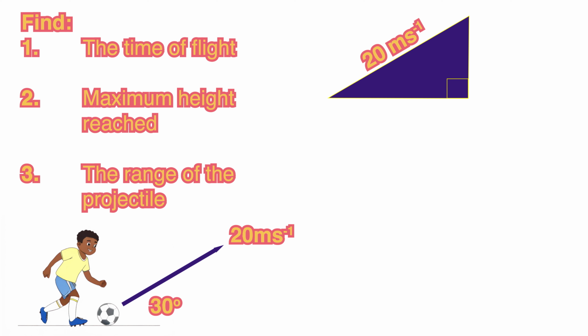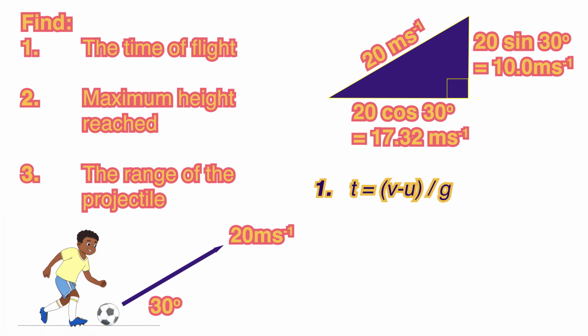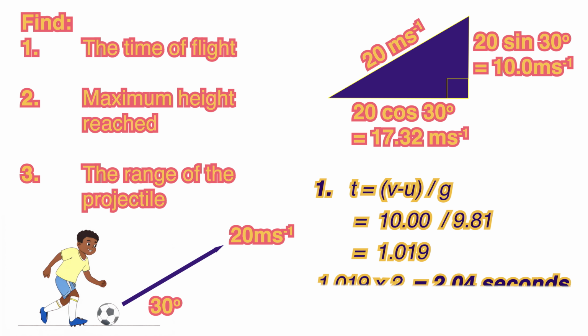From this triangle, you can see that the horizontal velocity is 20 cos 30 degrees, which equals 17.32 meters per second. The vertical velocity is 20 sin 30 degrees, which equals 10 meters per second. The time to maximum altitude is t equals u over 9.81, which gives us 1.019 seconds. The total flight time up and down is therefore double this at 2.04 seconds.